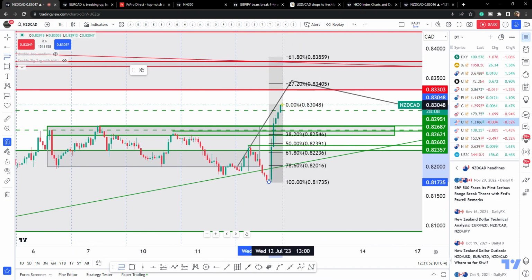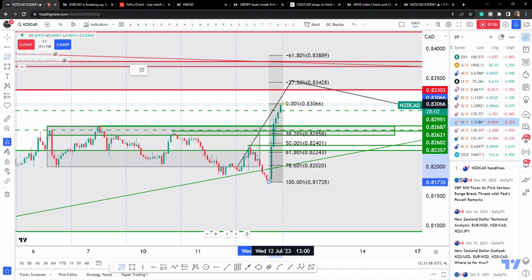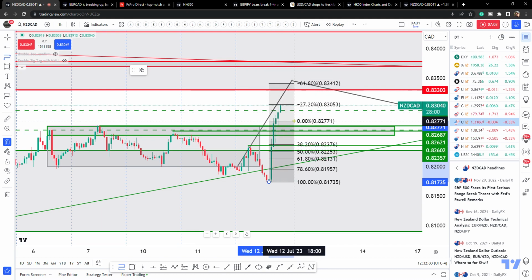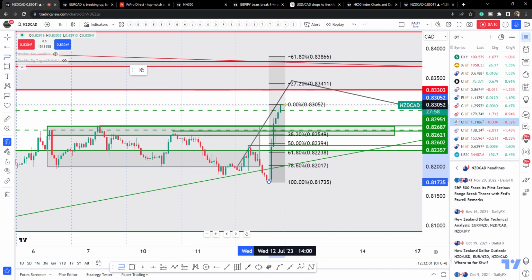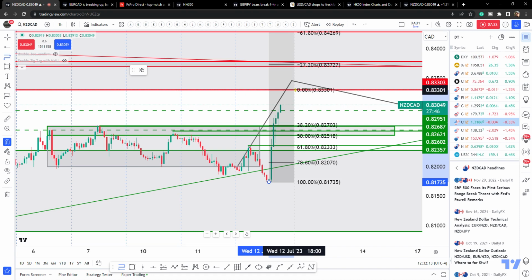So this run isn't done yet. We don't know that this is going to pull back. I'd want to see a pivot point form, so a high with two lower highs either side, so 5 candles in total. Mark up the highest point as the high of the rally, so it could be here, could start there, it could be higher up. Let's pull it up to where we expect the market to go to, 83.30.